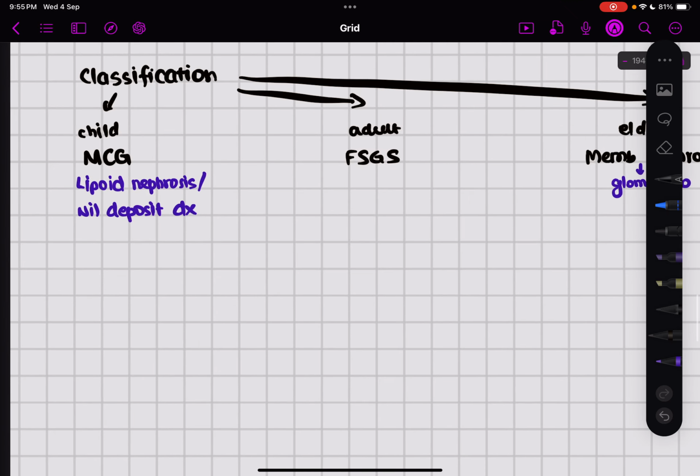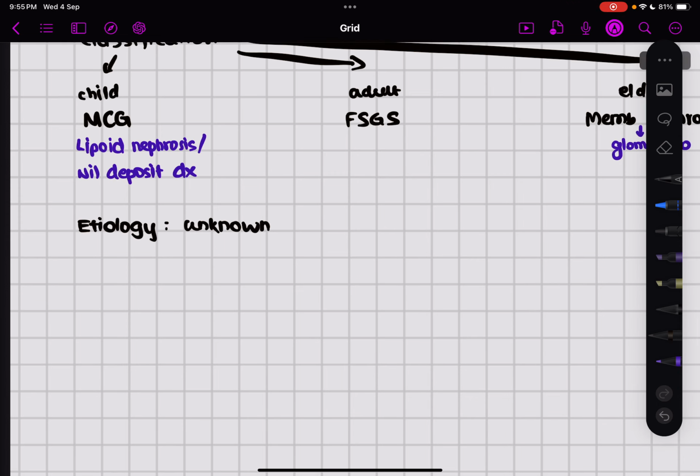Now let's come to children. Minimal change disease. Etiology is unknown, but sometimes may be due to atopy or Hodgkin's lymphoma.